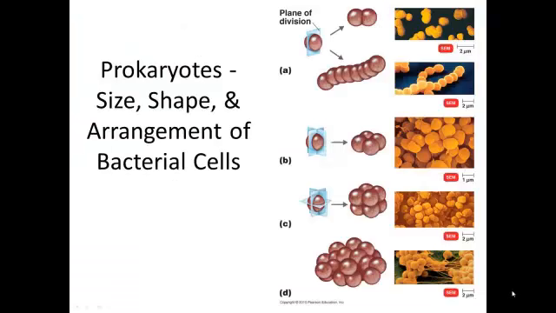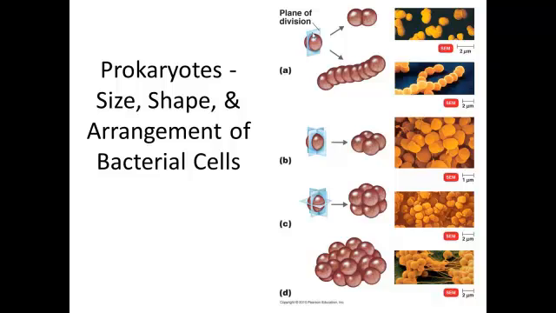Let's start with the cocci, or the round bacteria. Now, when you divide a circle, you can do so either this way, and then this way, or this way, this way, this way. It all depends upon the bacterial species. Some round cocci cells, once they divide, have a tendency to separate and they become single cocci.